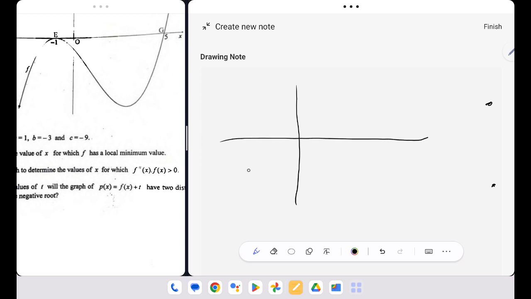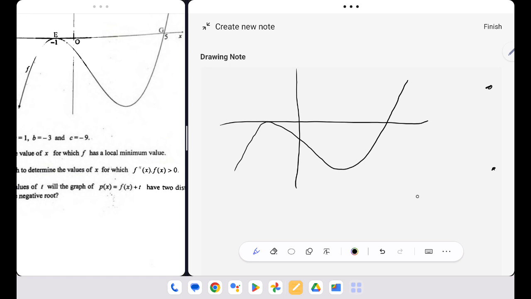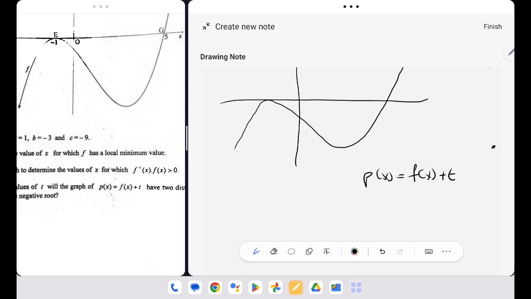I have a function like this, and I'm told that another function p of x is formed by just adding t to f of x. So this simply means that p of x is equal to x cubed minus 3x squared minus 9x minus 5 plus t.